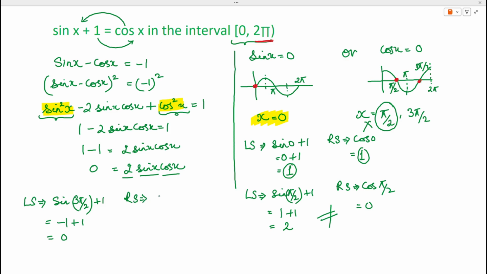The right hand side will be cos 3 pi over 2, and we can see here that cos 3 pi over 2 is equal to 0. So our left hand side and right hand side are the same. Hence, x equals 3 pi over 2 is another solution. So the solutions to this question are x is equal to 0 and 3 pi over 2.